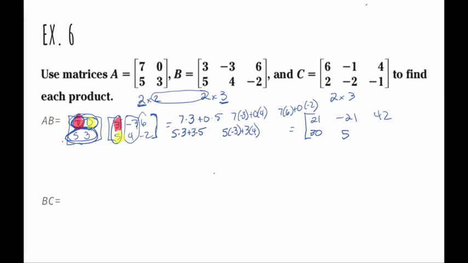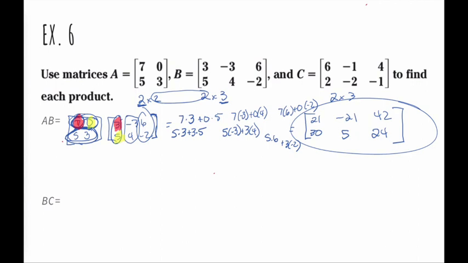And 5 times 6 plus 3 times negative 2 is 24. And so that's our matrix. This is our answer. So you multiply the rows of A times the columns of B, and you multiply them and add them up.